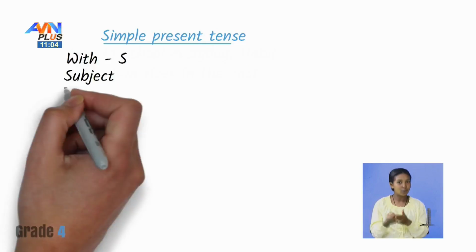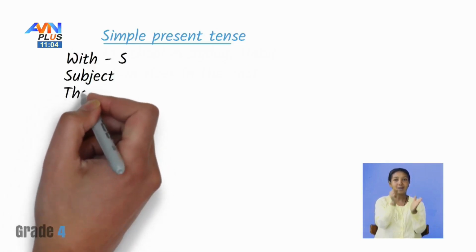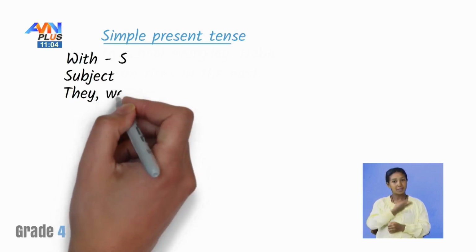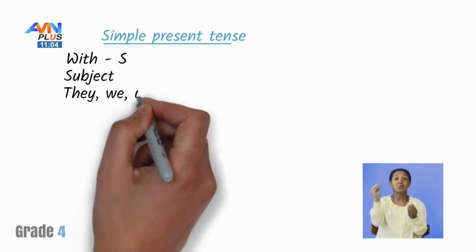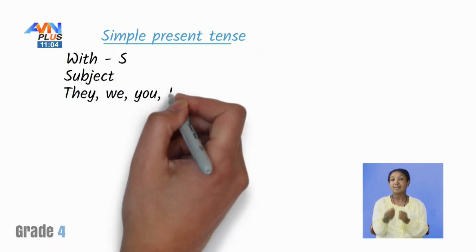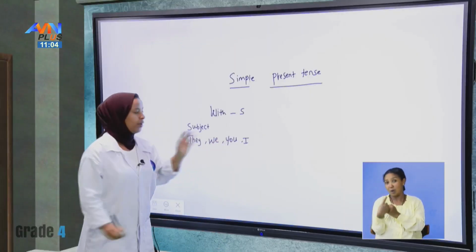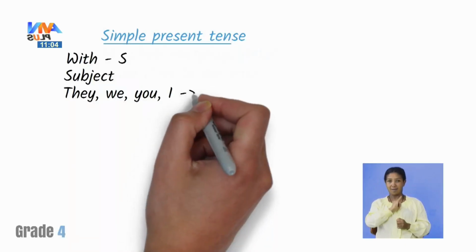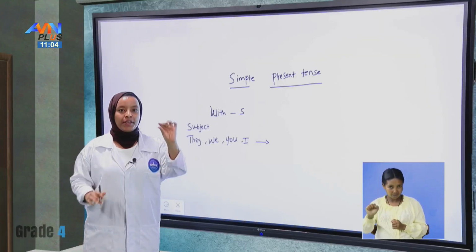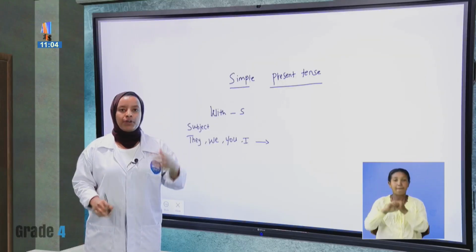When we come to plural, like they, we, and you, and also I, we don't add anything, S, IES, or ES. We just take only the base verb.